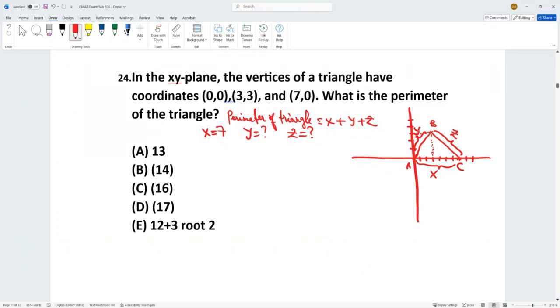Y is this one. So in order to find y here, we can have that imaginary line here, as you can see. This will allow us to have a right angle triangle here. And this y is going to be considered as the hypotenuse.